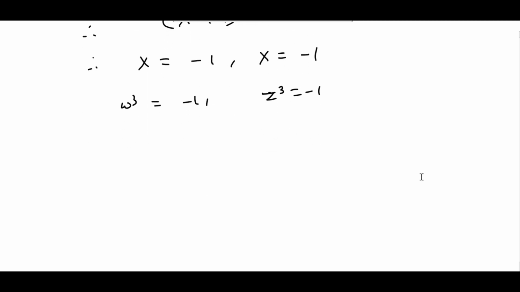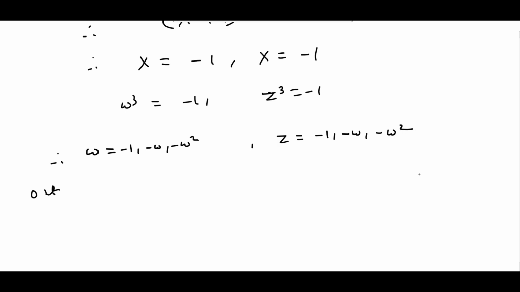So by using the cube roots of unity, we will get w is equal to negative 1, negative omega, and negative omega square. Here z is equal to negative 1, negative omega, negative omega square.